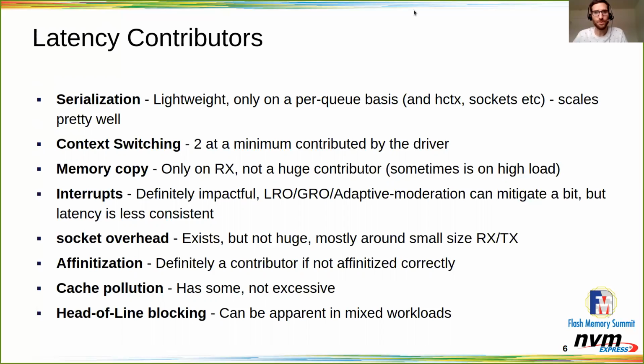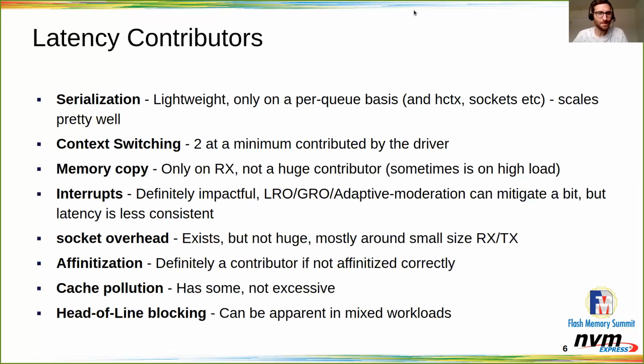Interrupts: NIC interrupts are definitely impactful. They consume CPU and impact the scalability of how much a single queue can achieve. LRO, GRO, or adaptive interrupt moderation can mitigate that a bit, but then latency could be less consistent. Then we have the socket overhead.